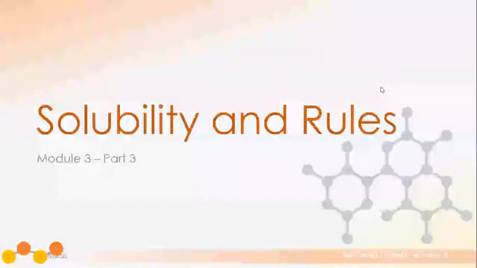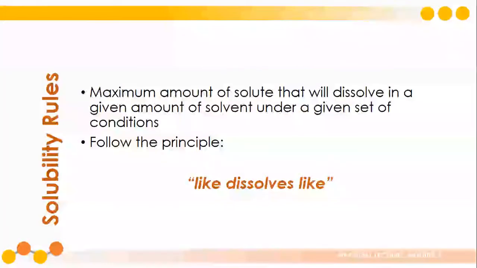Let us now proceed with the discussion of solubility and its rules. So what is solubility? Solubility is the maximum amount of solute that will dissolve in a given amount of solvent under a given set of conditions. In this one, we follow the principle of like dissolves like.